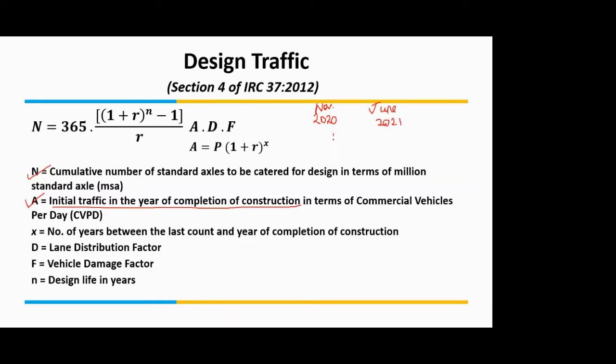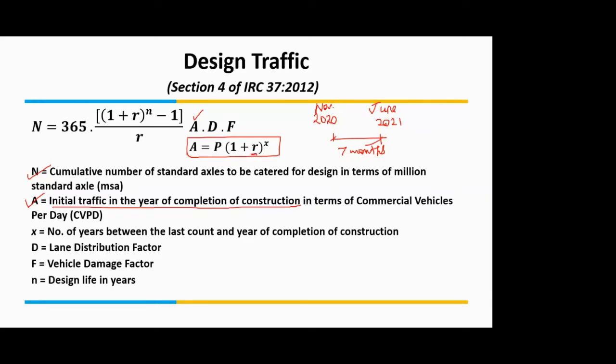So in this gap of say 7 months, the traffic is going to increase, obviously, if not to quite a large extent, but a few vehicles are going to be added. So we need to project that, and for that we use this formula: A is P into (1 plus R) raised to X. If you see, this is just a simple growth factor that we have applied.